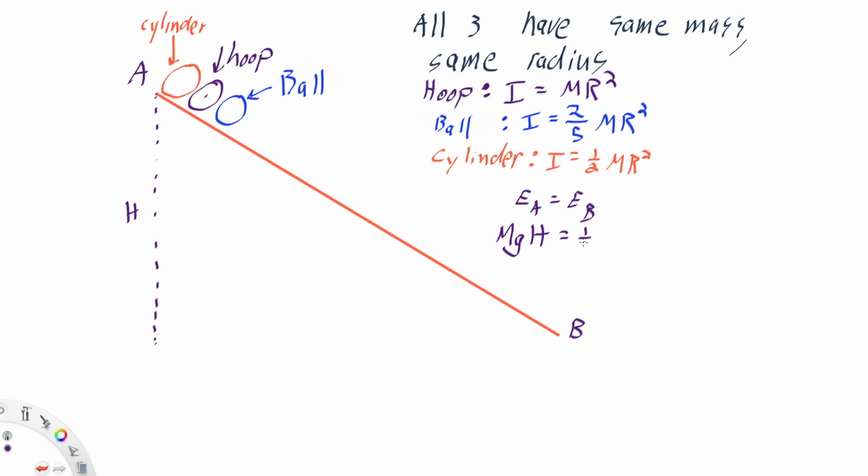So we will have 1/2 mv squared plus 1/2 I omega squared. And we know that omega is the same as v over r, so we make that substitution.